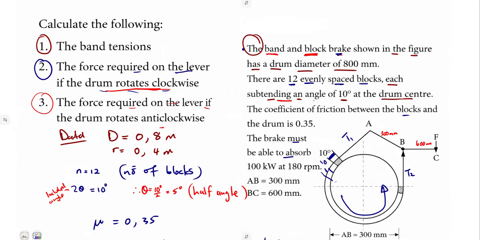The only difference will be the connection. Sometimes you find T2 is at a certain distance away from the fulcrum. It's no longer connected directly. In those cases, you must also consider T2 as part of the calculations. That is the only difference you may get. Otherwise, the rest is one and the same. It's a repetition throughout. So let's do revision.